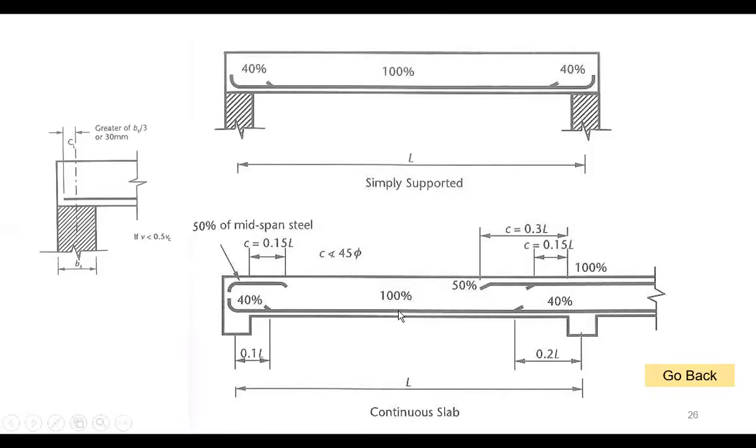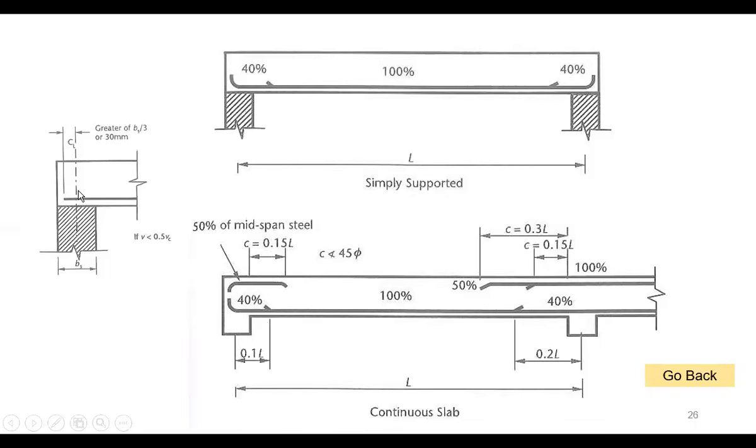If you have, let's say, 10 bars per meter, you have to take here at least 5 bars per meter, and it should be greater than the minimum allowed by the code, which is 0.13% of the area of the concrete. Again, the distance here will be 0.15 or 15% of the span, and not less than 45 times the bar diameter.